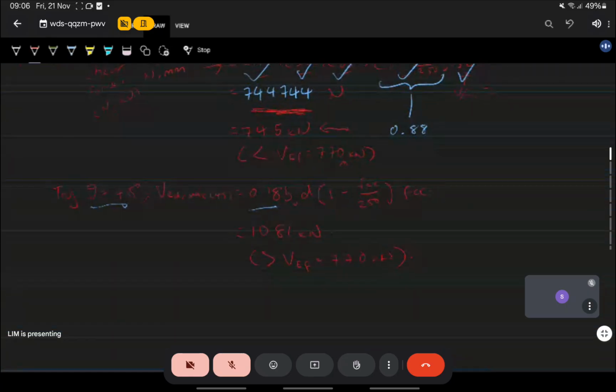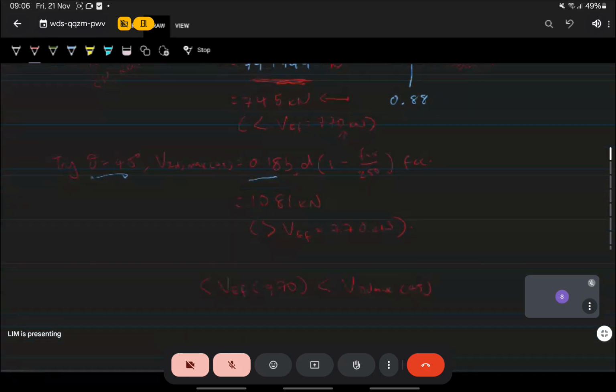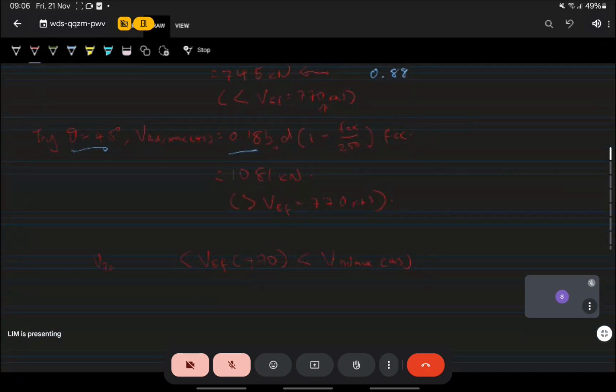So now you know your VEF, which is 770, is less than VRD max 45, but it's bigger than VRD max 22. Okay, so it's somewhere in between.